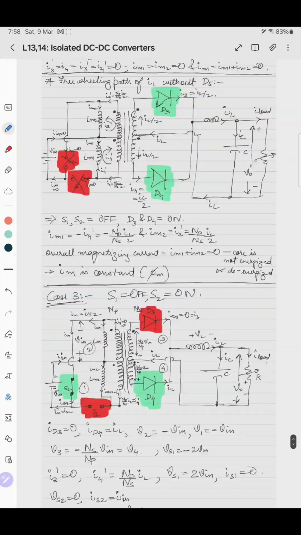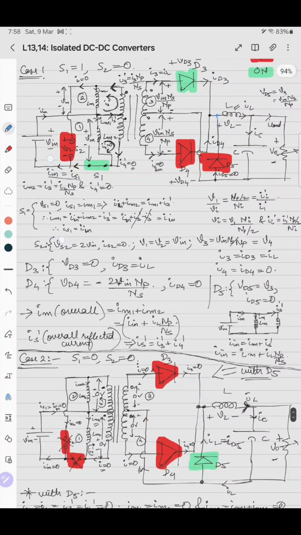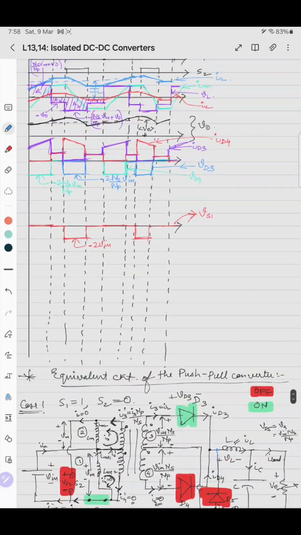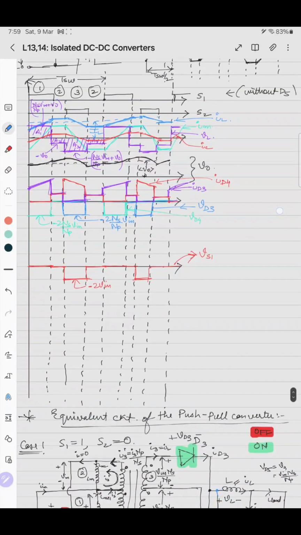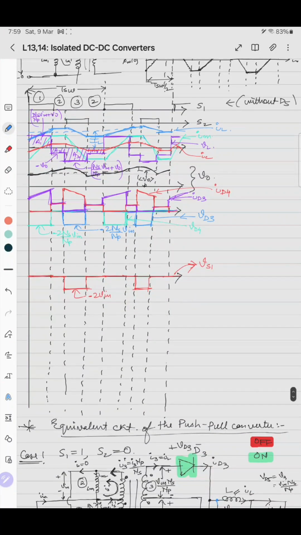Third case it is 0. So only in one case the current is there, that is case number 1. The current through the switch S1 is IM plus IL into NP by NS. Some slope, 0, 0, 0.